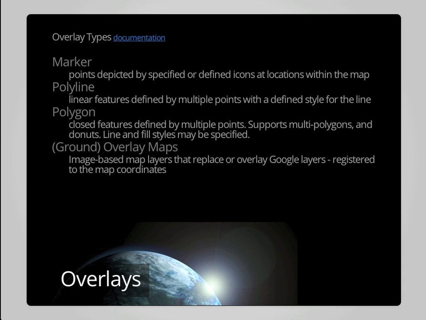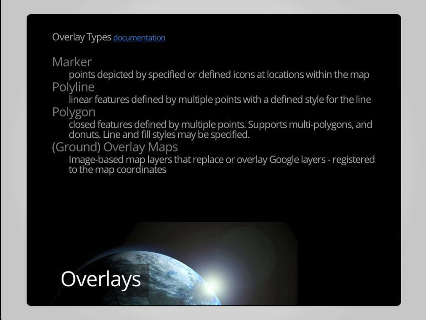There's another overlay type, a polyline, which essentially allows you to define multiple points along a linear feature. So you could have a polyline as simple as 2 points that define a straight line, or you could have a polyline that may be defined by hundreds of points that represent, say, a bike trail, or a hiking path, or the route of a truck through a city.